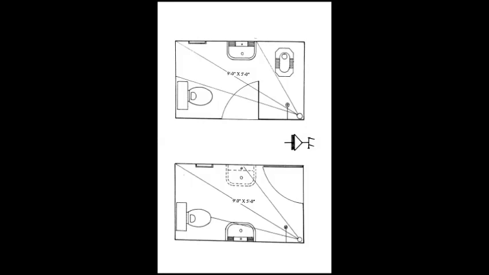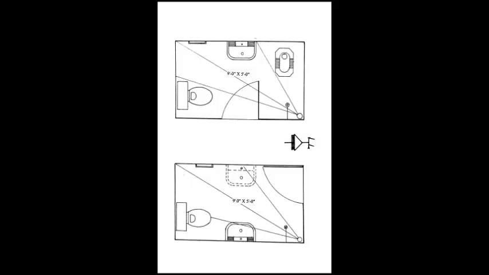Now toilets as per Vastu. Door east side, shower northeast, WC southeast, wash basin west. It's not correct. WC is northwest.